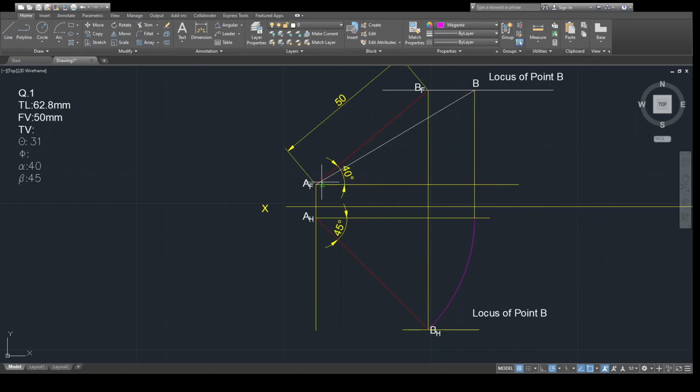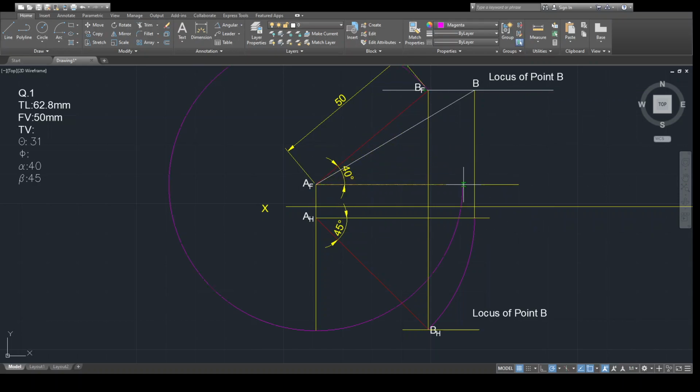AF as center, AF BF as the radius, and draw an arc in clockwise direction up to the locus of point A. This is my starting point, this is my center point.